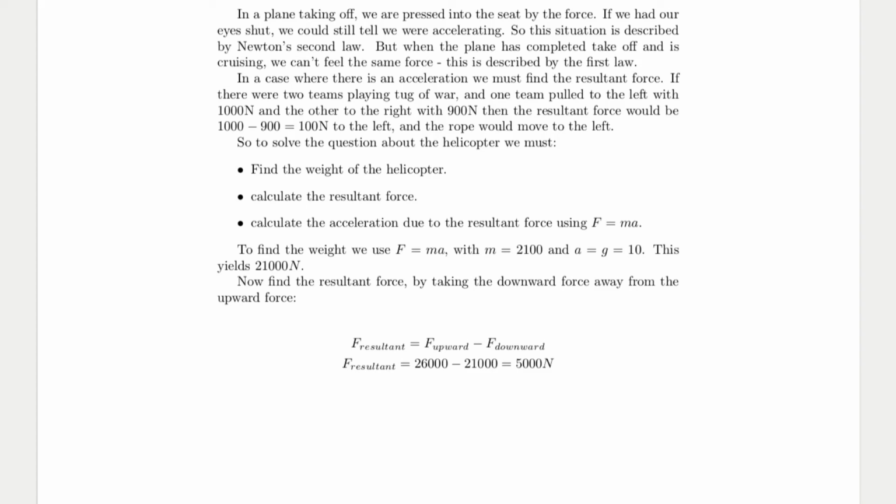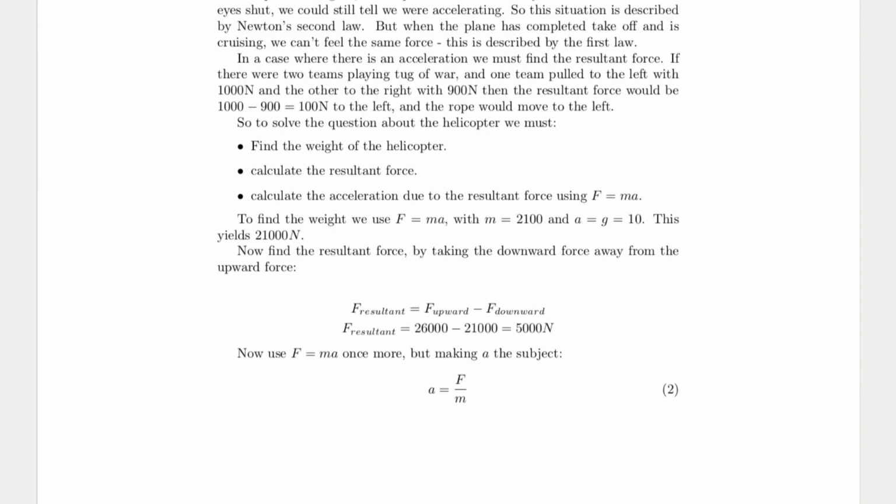So now we need to take this resultant force and use the equation F equals ma again to find acceleration. But before we do that, we'll rearrange the equation to make a the subject. We can see here that if we simply divide both sides of the equation by m, we will have a equals F over m.